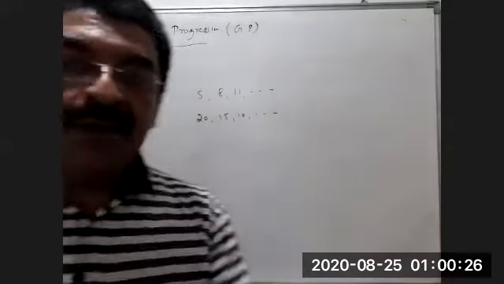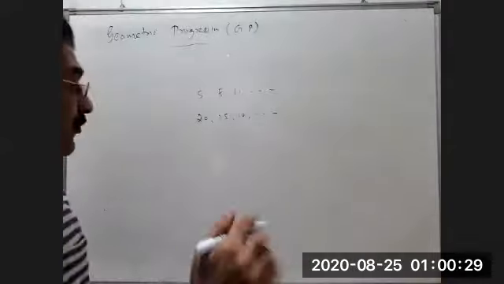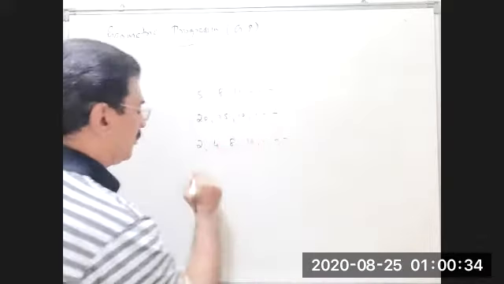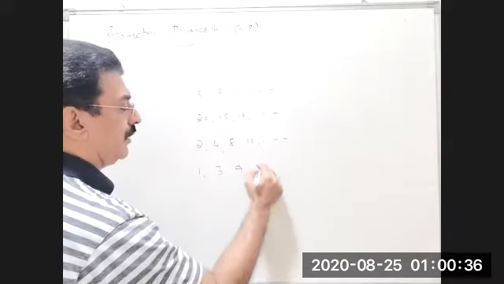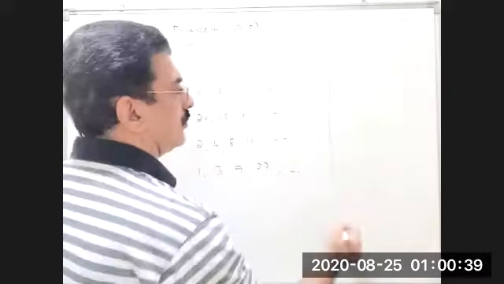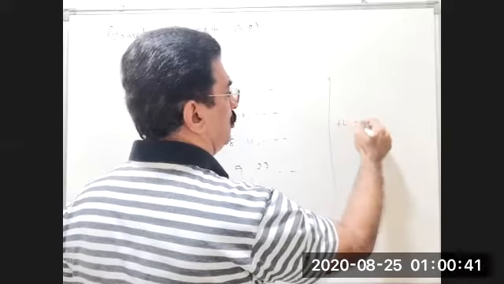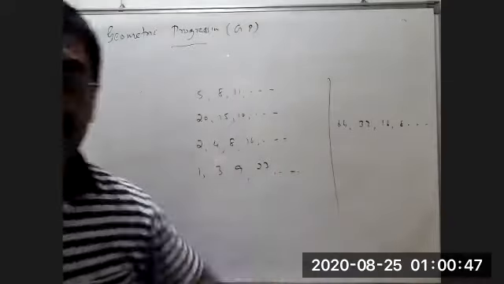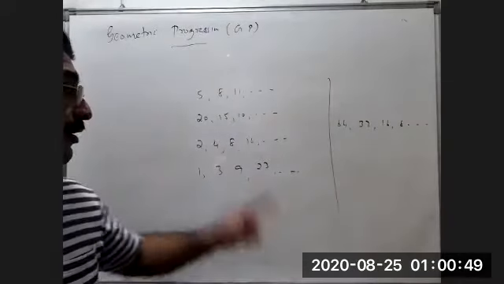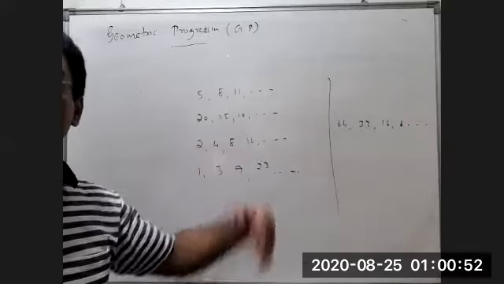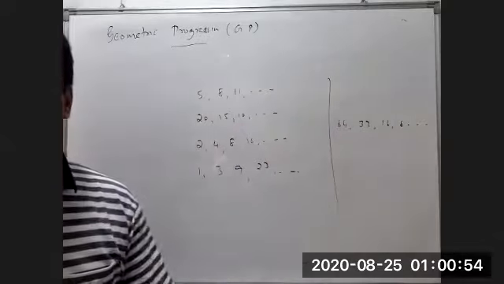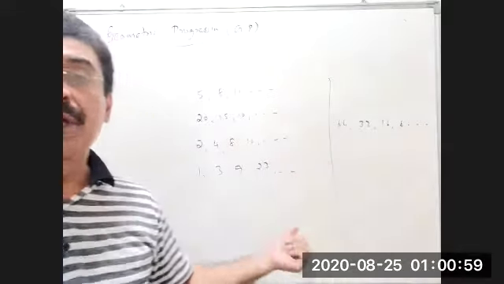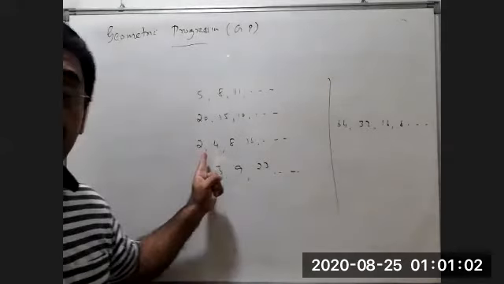In AP we get by adding a fixed number, whereas 2, 4, 8, 16, or 1, 3, 9, 27, or 64, 32, 16, 8. These types of progressions. What's the specialty here? Each time you can see we get by multiplying a fixed number. AP was adding a fixed number, whereas for GP, geometric progression, it is multiplication by a fixed number.